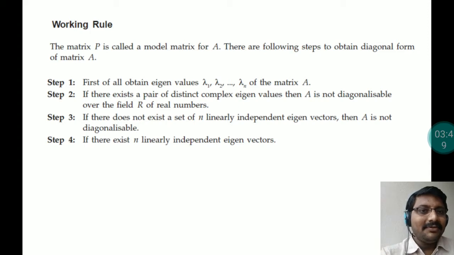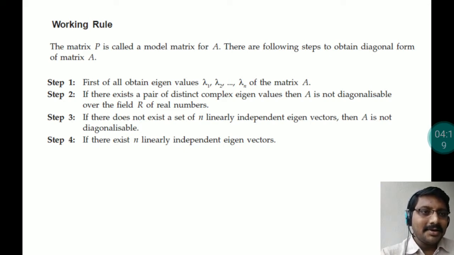In step 4, if there exist n linearly independent eigenvectors, then only A is diagonalizable. So steps 2 and 3 are compulsory.